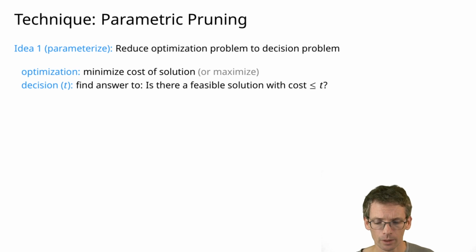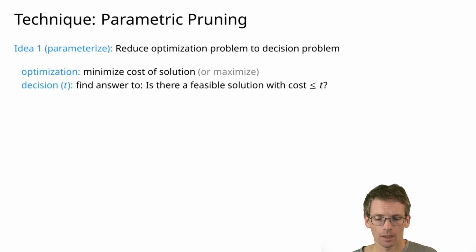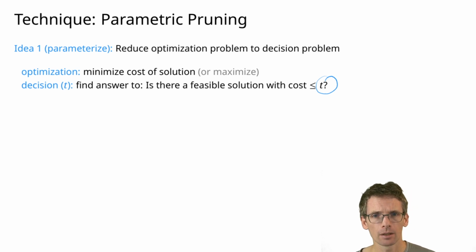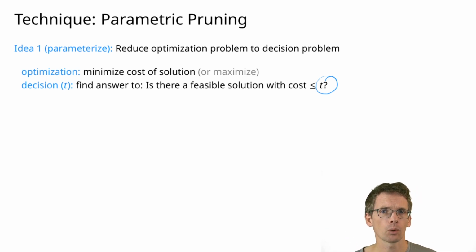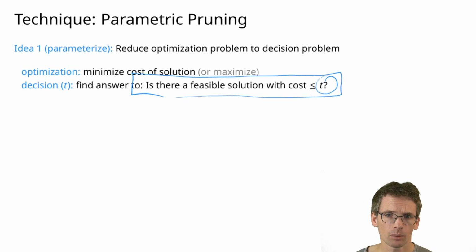The corresponding decision problem is then the problem asking, for a given parameter t, so that's where the parameterization comes from, is there a feasible solution? So is there a set S, in our case, with cost at most t? So this is a decision problem corresponding to the optimization problem.